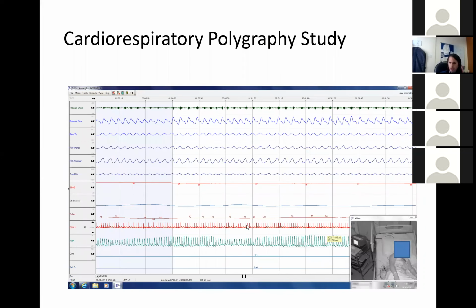So you get your thorax, your abdomen, the pressure, your SATs here as well, and your ECG and your leg here as well. So it's quite a detailed study. It's not the same as a PSG because you don't have the EEG recording, but for most of our patients, it's more than adequate for what we need to know.